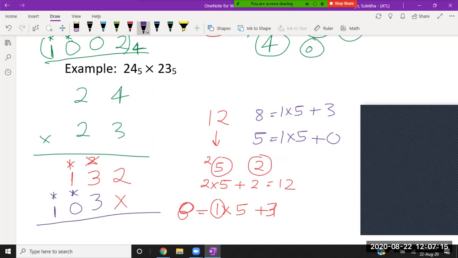After writing these lines, I need to add. So 2 plus nothing is 2, 3 plus 3 is 6. Again 6, I can write as 1 into 5 plus 1. So this 1 is here, and since I can make a pair of 5 a single time, 1 is my carry for the next step.